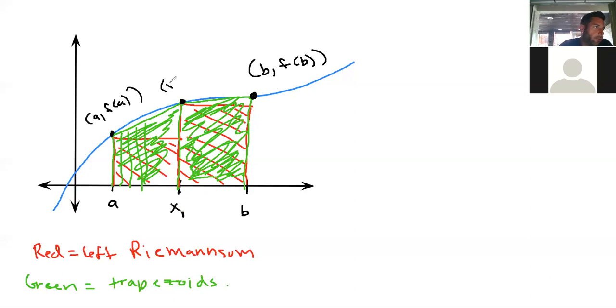So this is x sub 1, comma, f evaluated at x sub 1. And don't forget, we often refer to A as x sub 0, and we refer to B as x sub, in this case, 2.